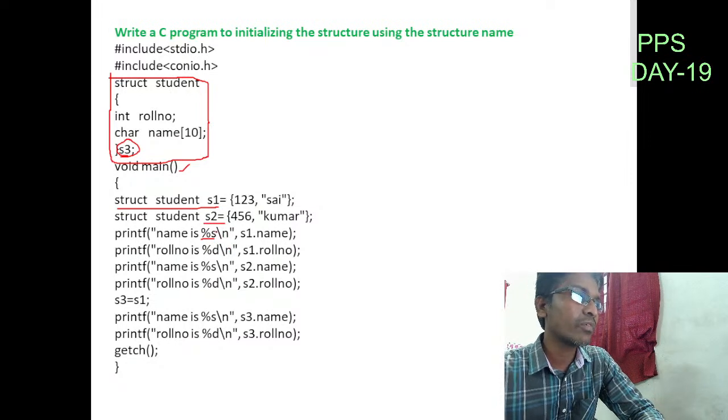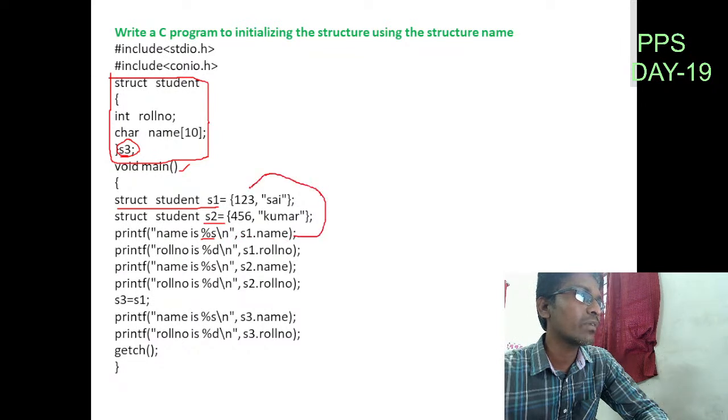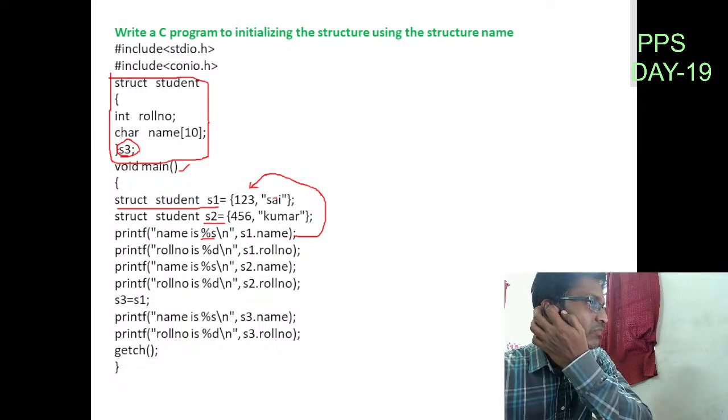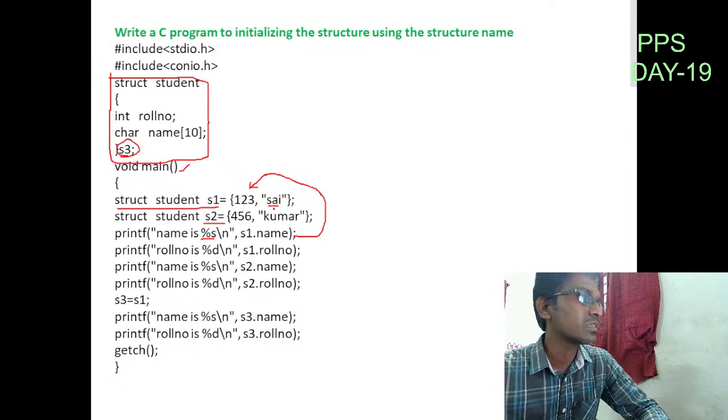If you want to print output on a new line, you can use \n in the formatted string. Then comma, followed by s1.name. So the S1 name will be Sai.